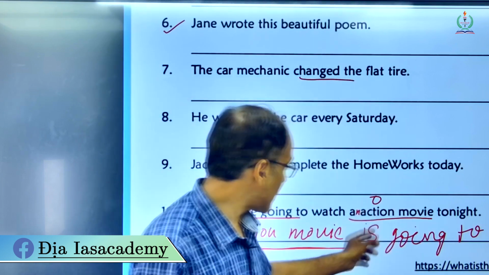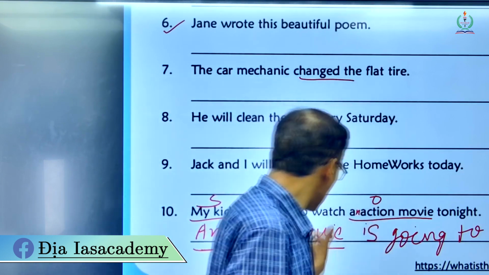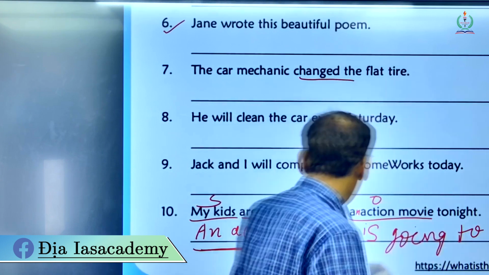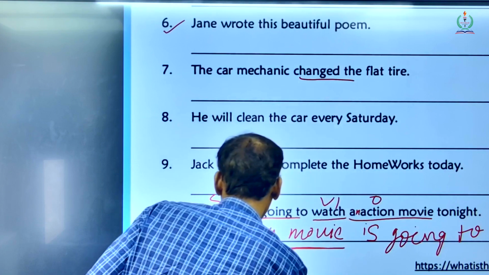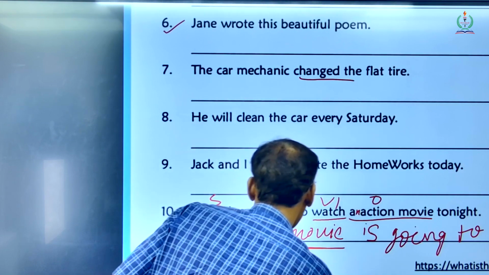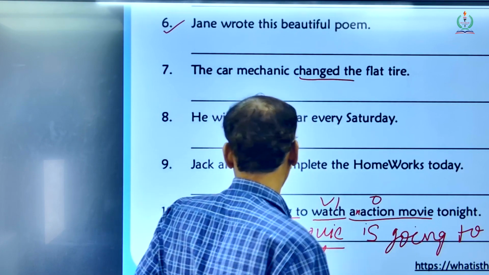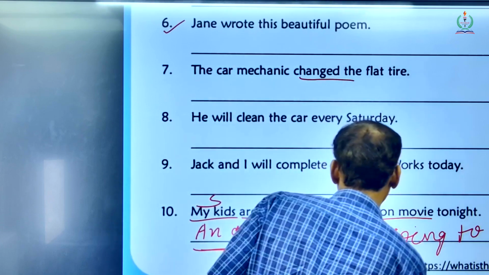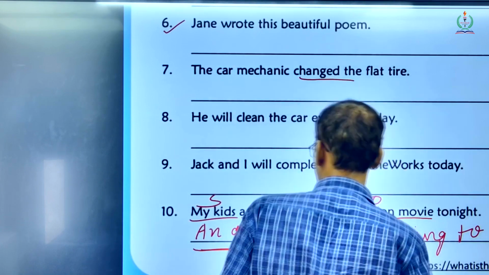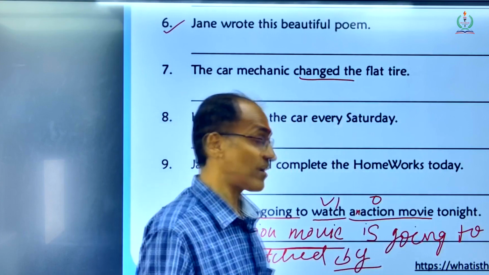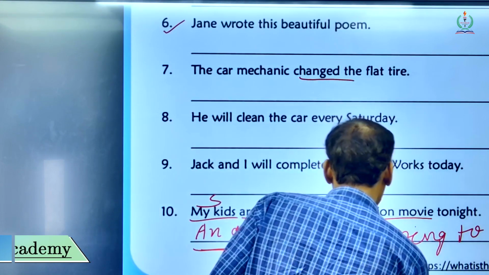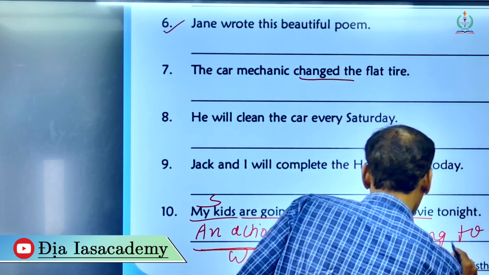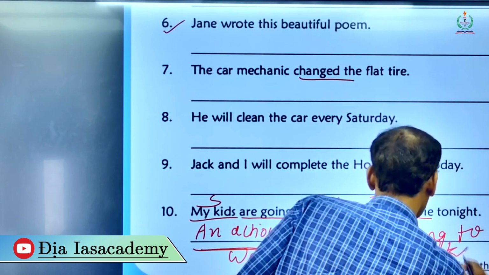That's why we have used is. So an action movie is going to be watched. This V1 form, watch, becomes V3 form, watched, by my kids. By, as per the rule, we all know, while converting a sentence from active to passive voice, it has to be by: watched by my kids tonight.